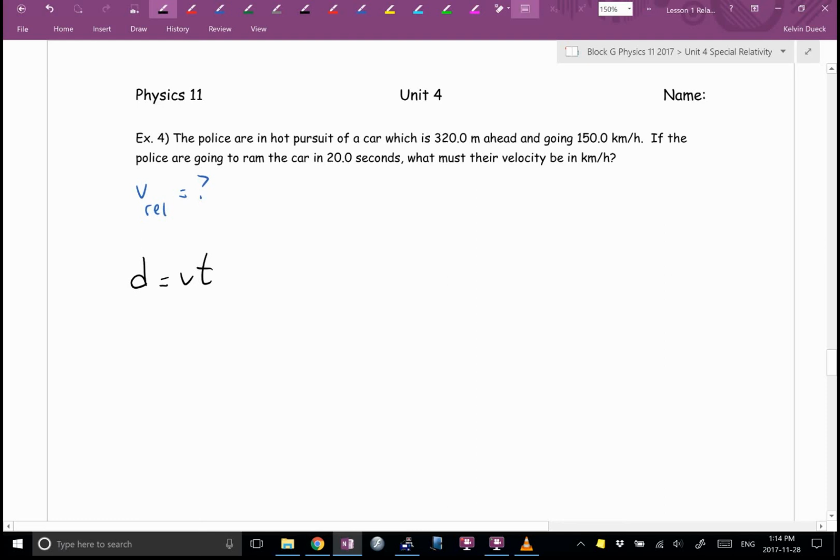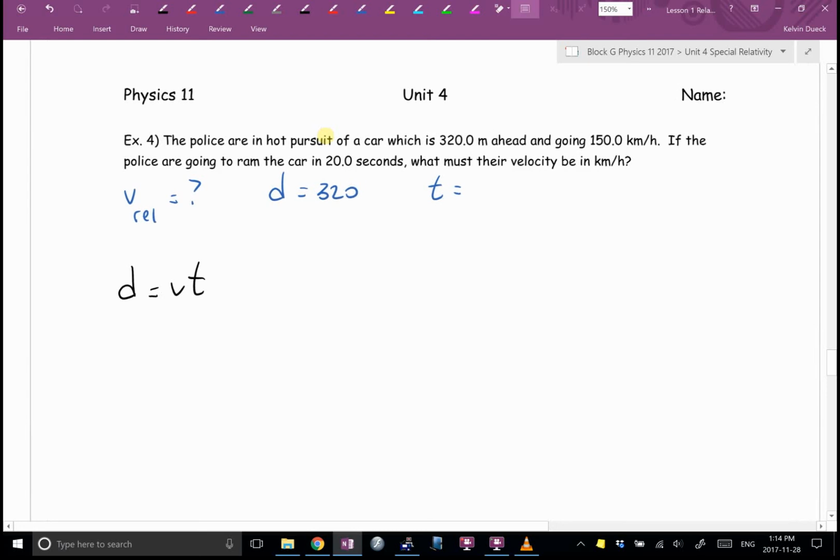So, did they give me a d? 320 what? Units? Okay, so now I'm committed to meters. Did they give me a t? That's a time?